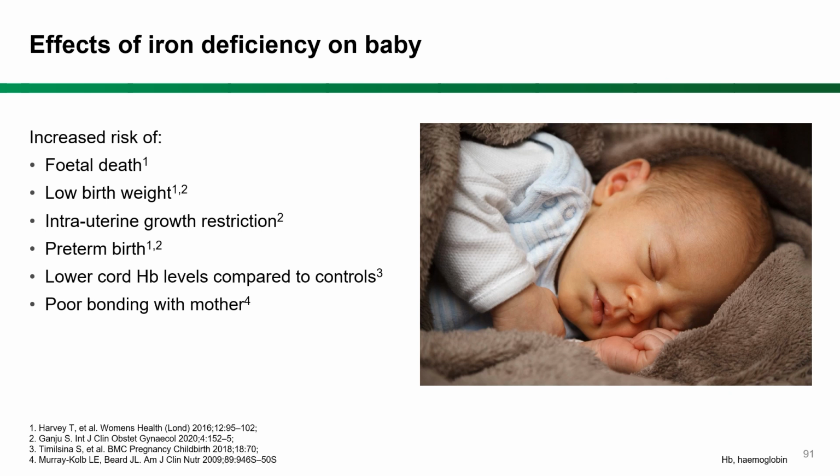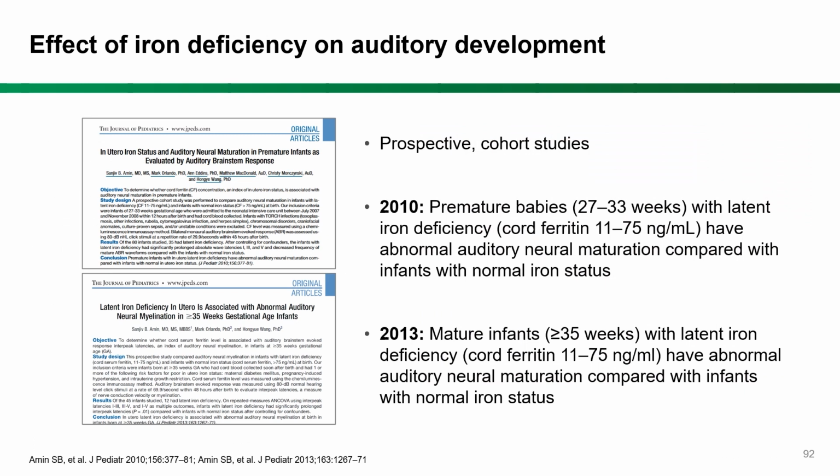We also now know that there are many developmental problems that occur in babies that are born from iron deficient mothers. This study shows, or these two studies show, that both premature babies and mature infants born of iron deficient mothers had problems in their hearing.